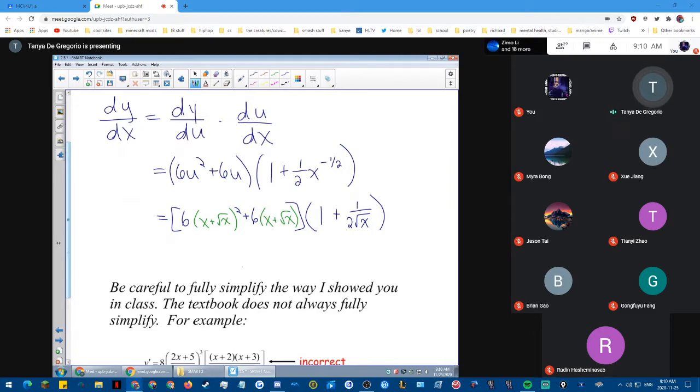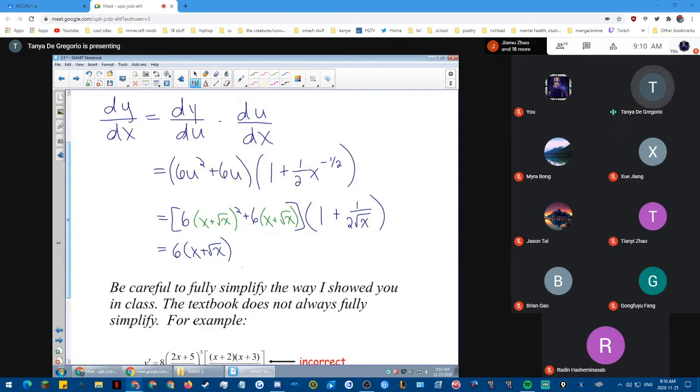Good, amazing. You're going to factor here. What you should notice is in that first bracket, we have a common factor. What's the common factor in my first bracket? X plus square root x. You got it. 6 times x plus the square root of x.